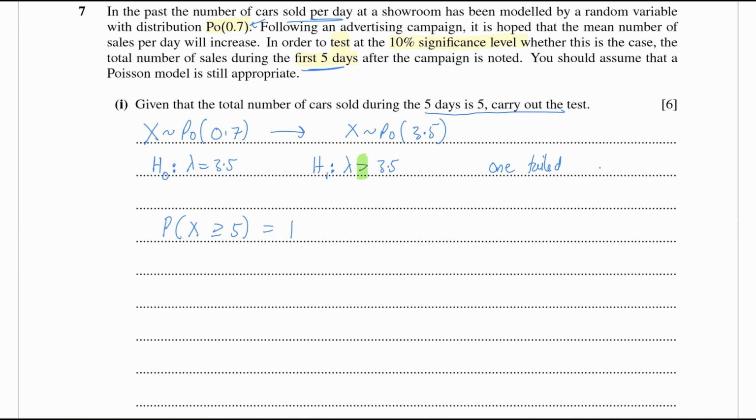And we do that by going 1 and we take away 0 to 4. So e to the negative 3.5, 0 cars sold, 1 car sold, 2 cars sold, 3 cars sold, 4 cars sold.